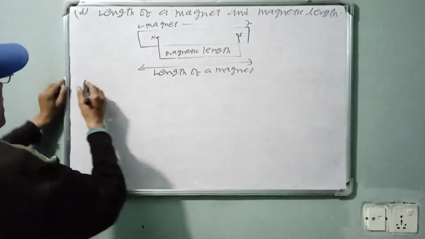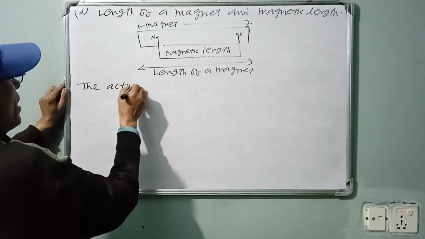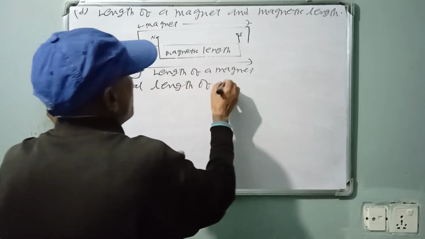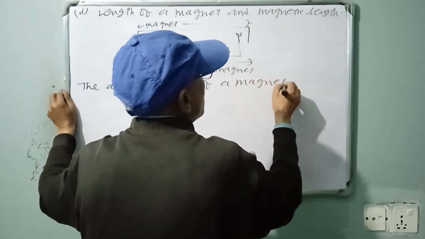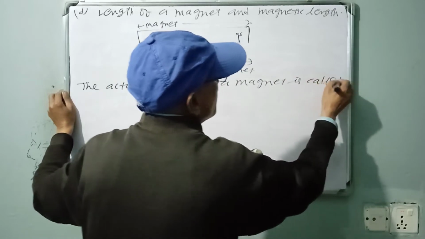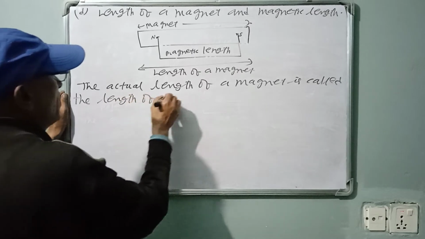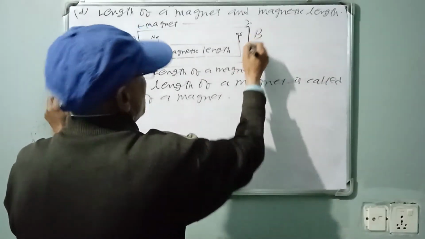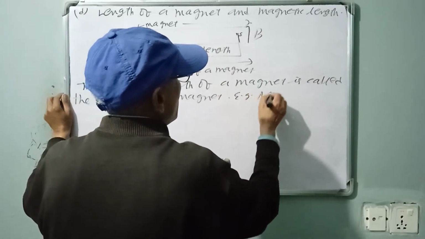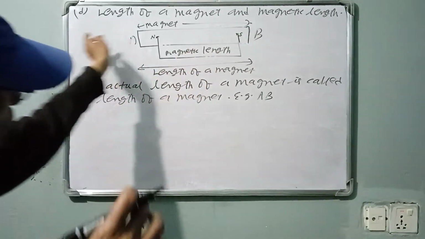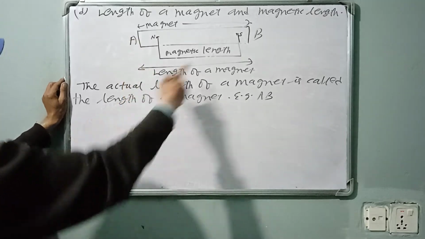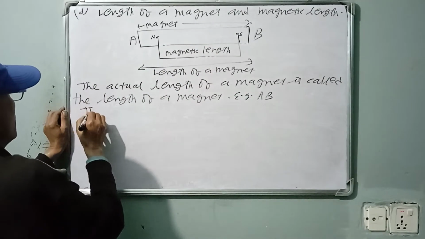So length of a magnet means the total, actual length of a magnet. For example, AB. The whole total length, actual length of a magnet is the length of a magnet. And what is magnetic length?